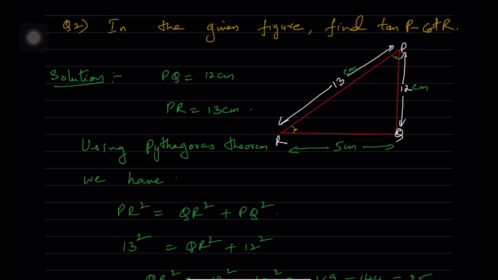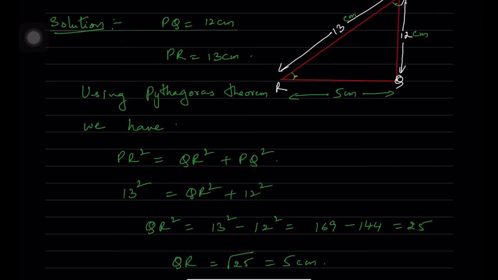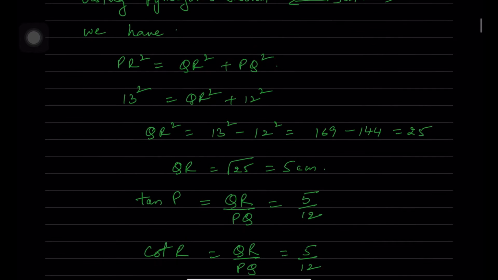From Pythagoras theorem, PR square is equal to QR square plus PQ square, so 13 square is QR square plus 12 square. Therefore QR square is 169 minus 144, equal to 25. So QR is root 25, which is 5.